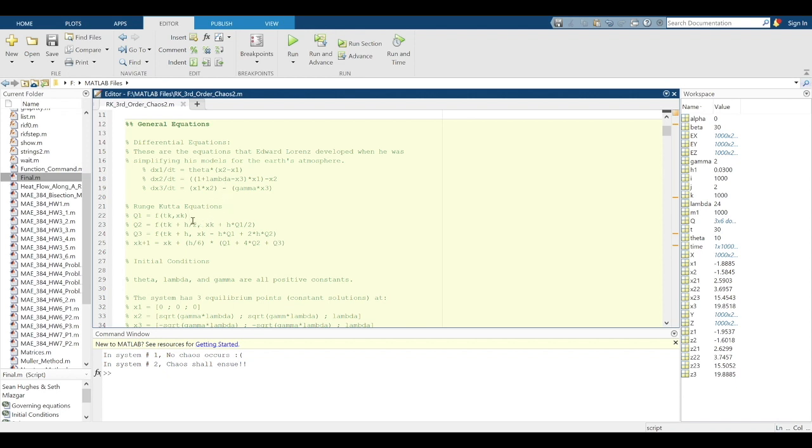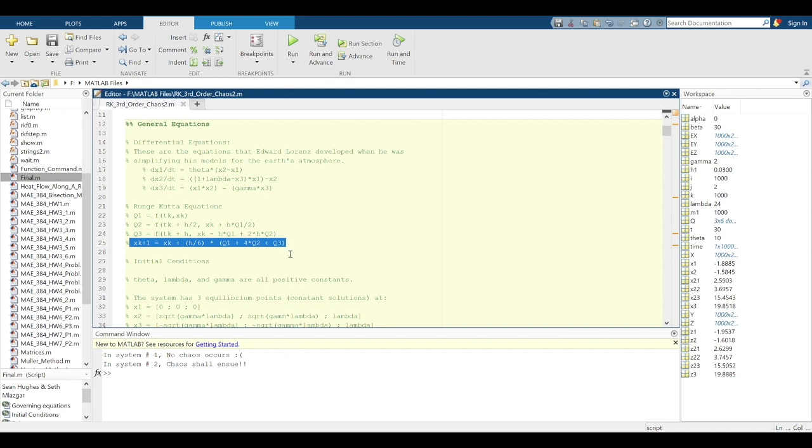It's going to determine the slope at that first value, which is this Q1 equation. It's going to then step a half step to this Q2 equation, and then it's going to make a full step to the Q3 equation. All three of these steps are going to be averaged in order to be used to determine the function or the output at the next step.